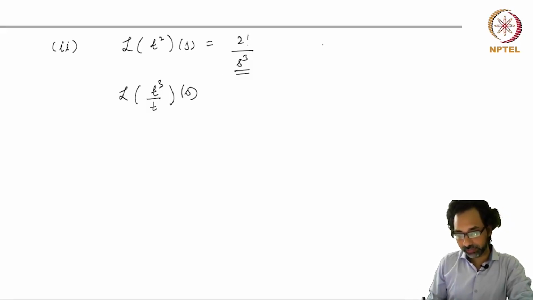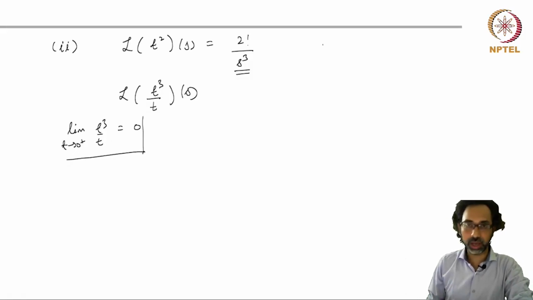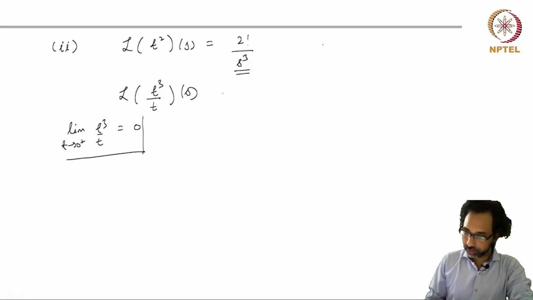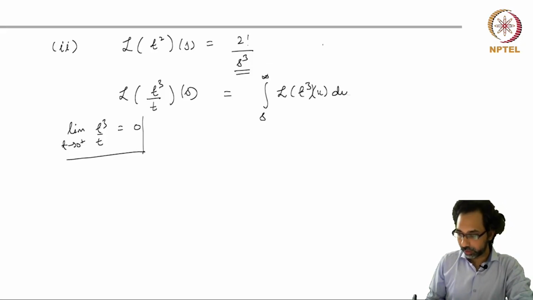So note that f(t) over t goes to 0 as t goes to 0. So here t cubed over t goes to 0 plus is simply 0. So it exists, and therefore we can apply our theorem, and this is nothing but the integral from s to infinity of the Laplace transform of t cubed at u du.